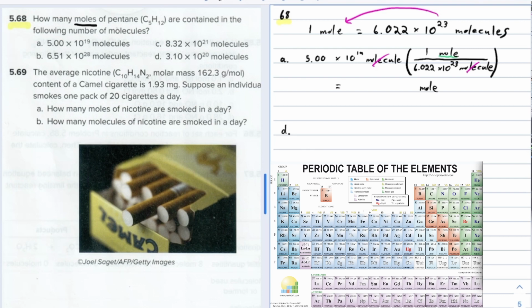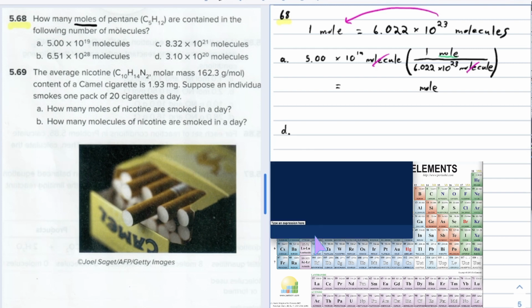And let's do the calculation. Let's break out the calculator. So 5.00 times 10 to the 19th. And then let's parenthesize it, because we're going to take that and divide the whole thing by, and parenthesize this part, 6.022 times 10 to the 23rd.